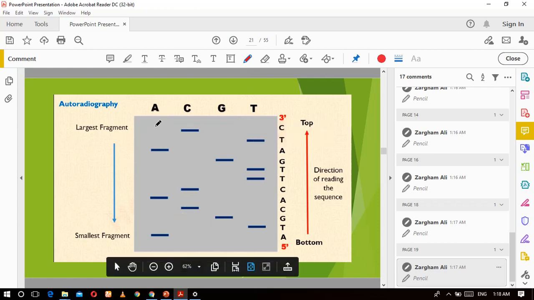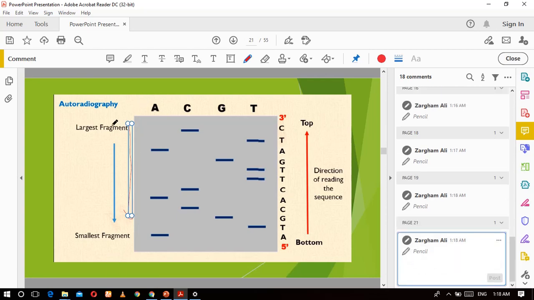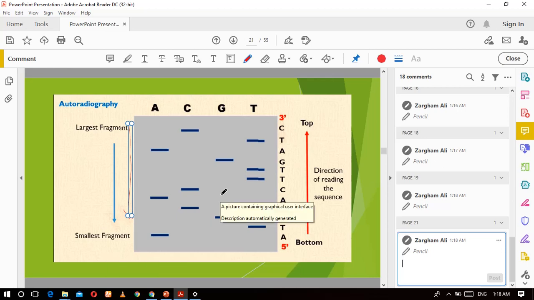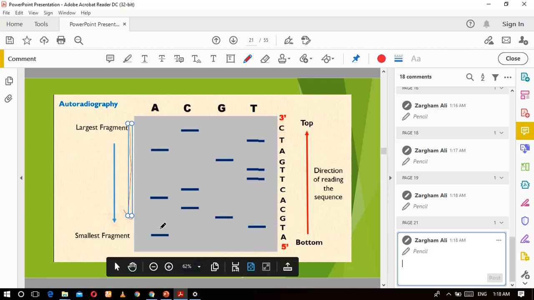As we know, the largest fragment moves from this direction to this direction. The largest fragments were present there, and the small fragments were present there. So basically, this diagram depicts the DNA sequence. We can start reading our DNA sequence from 5 prime to 3 prime, from bottom to top.